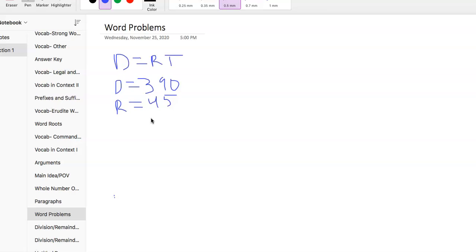We have everything we need, so we plug it in. D was 390, we plug that in right there. 45 was the rate. Time we don't know, so let's call that T. Divide both sides by 45.